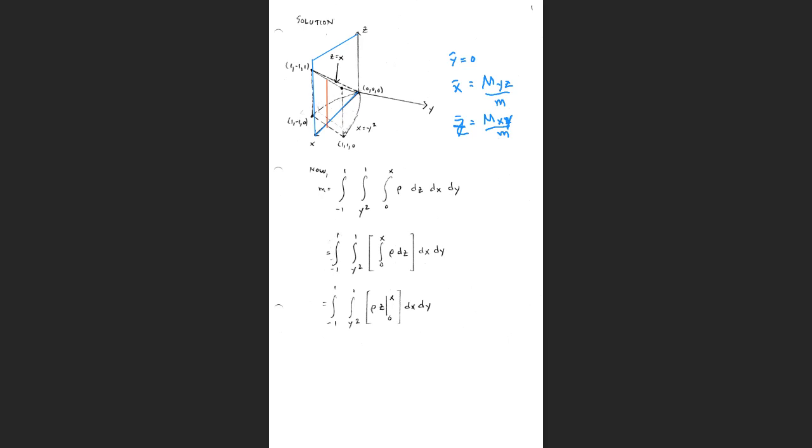Right. So some of these problems that you're going to encounter in the homework, and even on your next exam, sometimes you can save a little time by just looking at the symmetry of your figure.